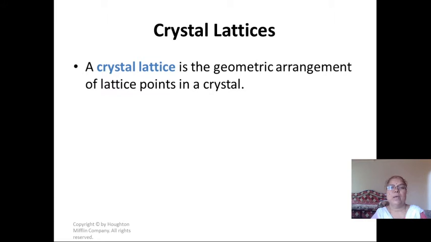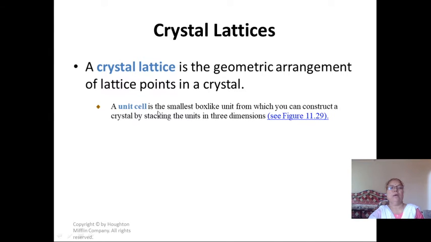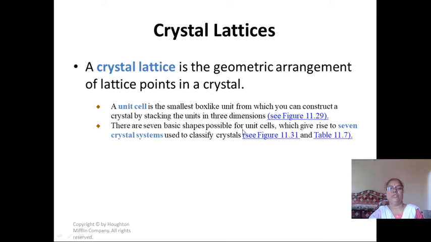Okay, so the crystal lattice is the geometric arrangement of lattice points in a crystal. A unit cell is the small box-like unit from which you can construct a crystal by stacking the units in 3 dimensions.